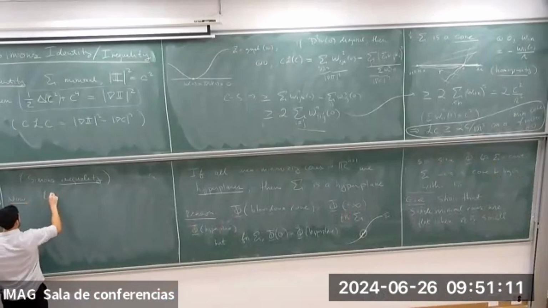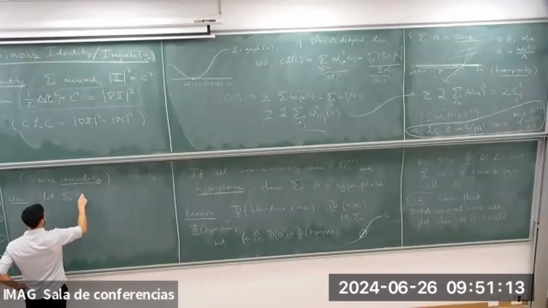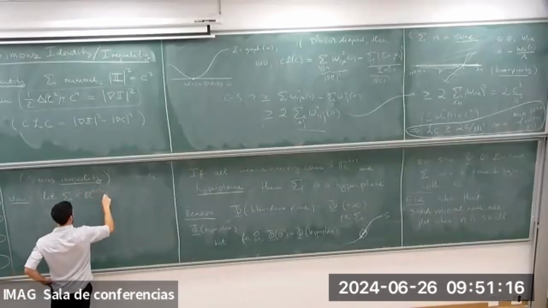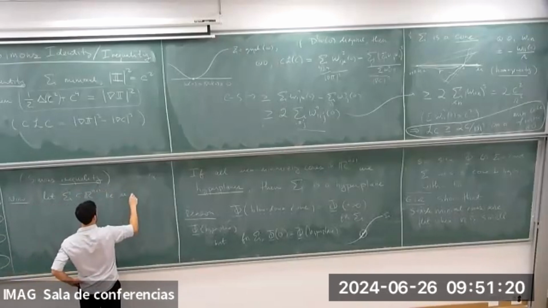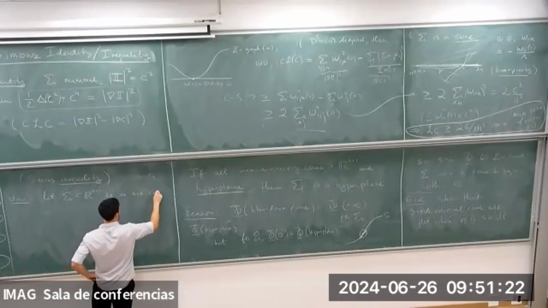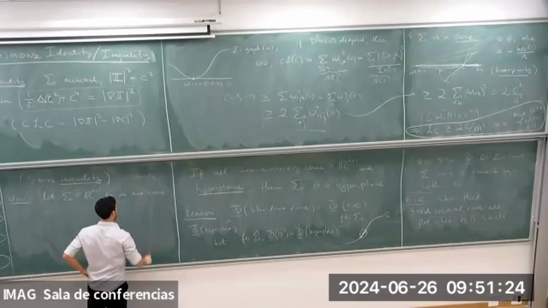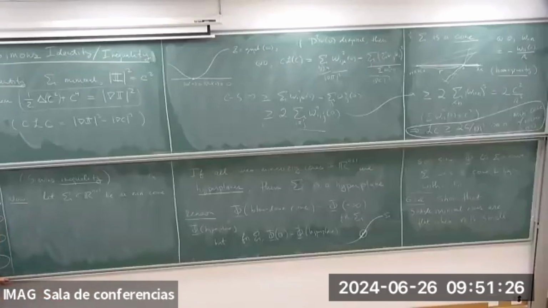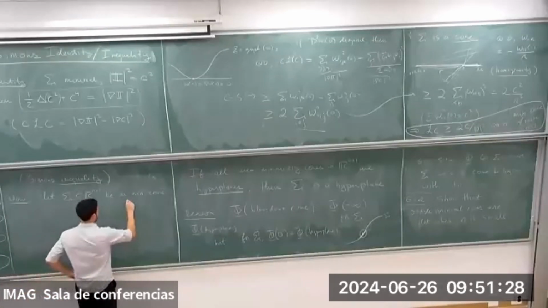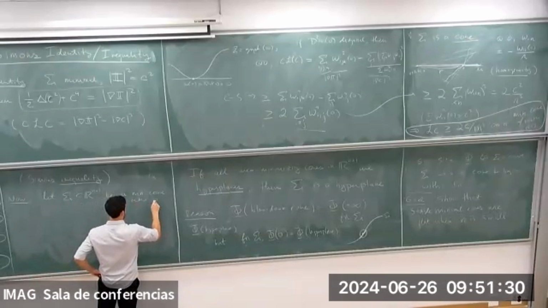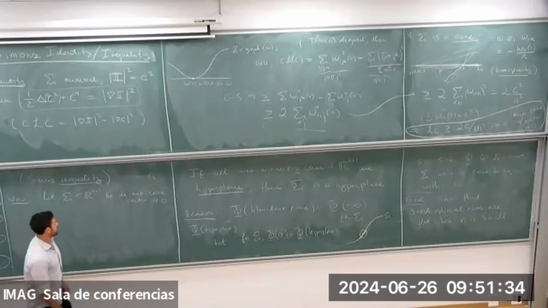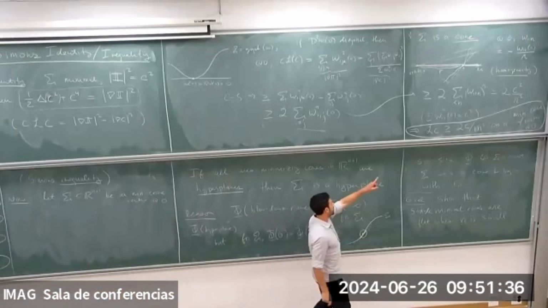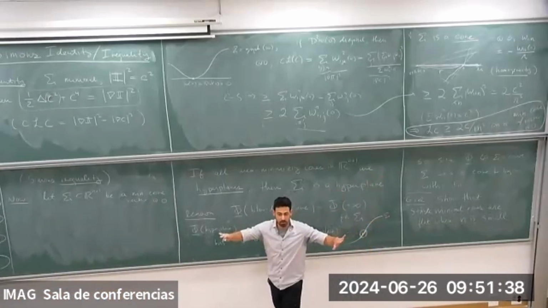Now let sigma be the cone, with vertex at x equals 0. And let's apply the Jacobi operator to c, but we multiply by a cutoff function which depends only on radius.